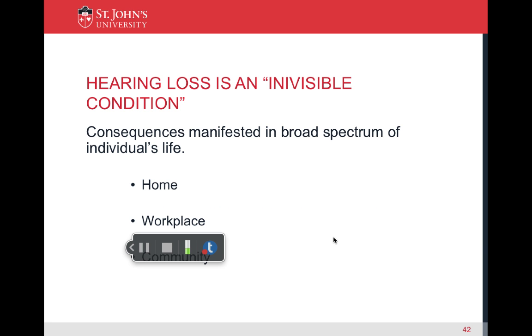So I don't know to speak to them clearly and with concise messages, to face them, and to minimize background noise. Hearing loss is an invisible condition and its consequences can be manifested in a broad spectrum of a person's life. It'll affect their relationships at home, their ability to do their job, and their life in the community.